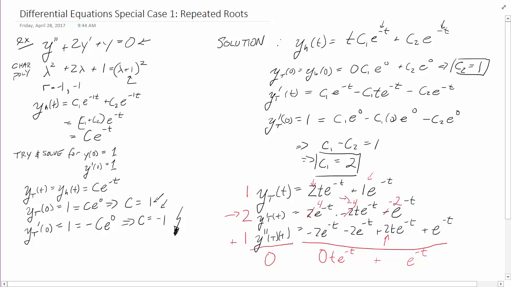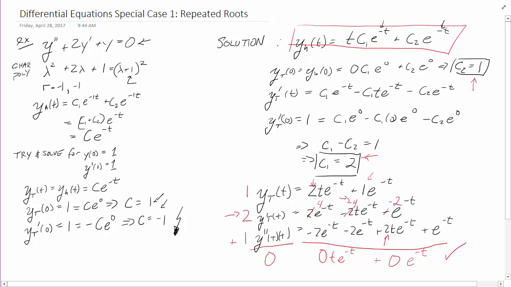So there's a plus 1 here, there's a plus 4, so it's net 5. Minus 2 is net 3, minus 2 is net 1, minus 2 is net negative 1, plus 1 is net 0. So it does check out that this guess does indeed meet the original differential equation requirements, provided we have these coefficients in front.